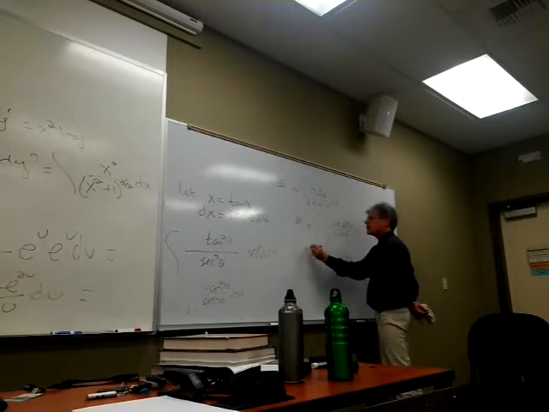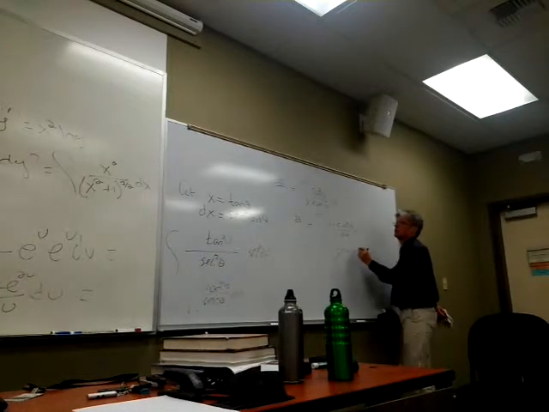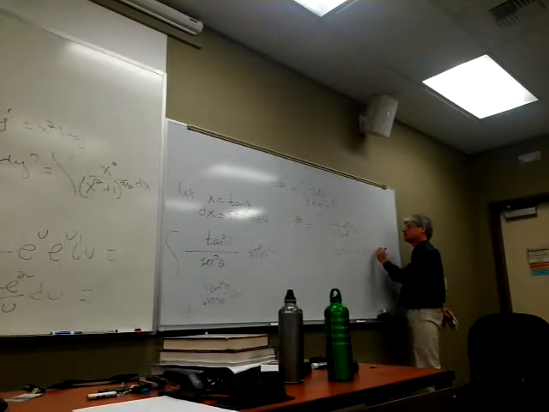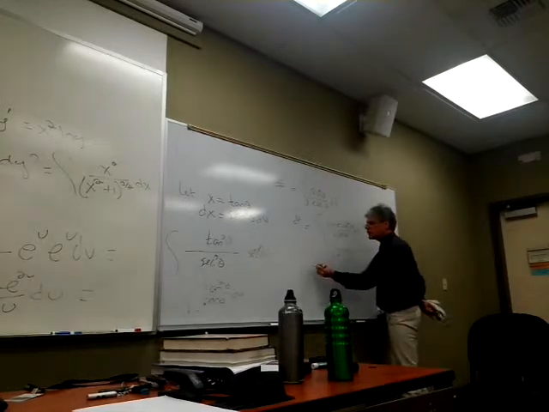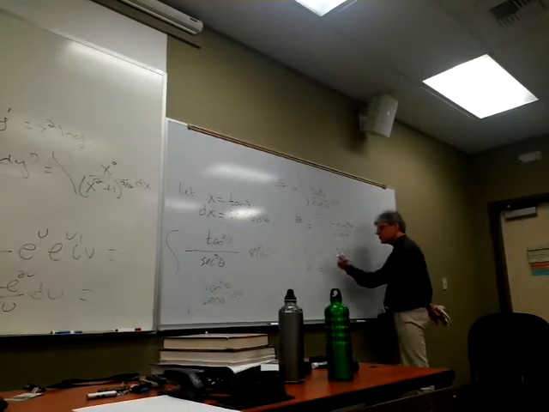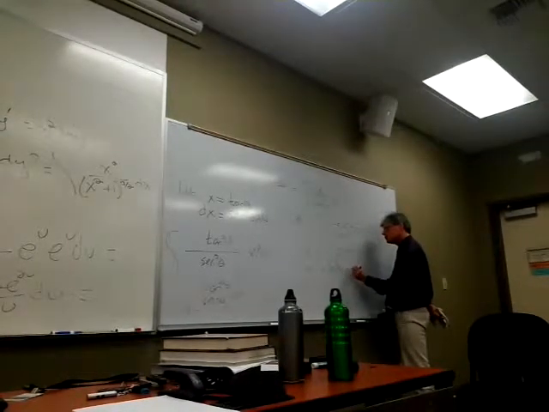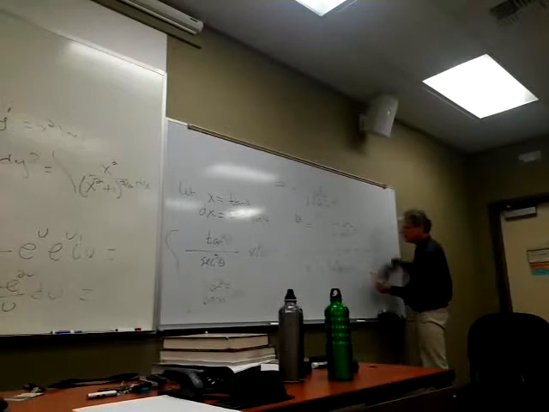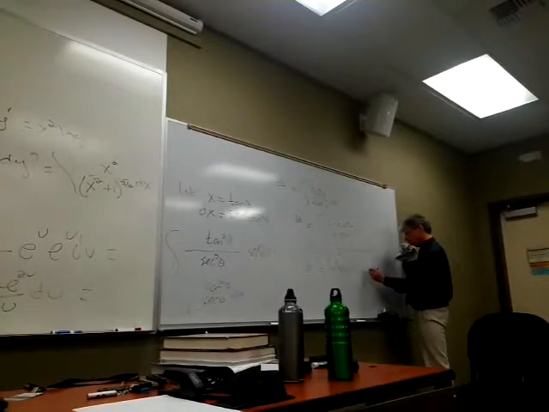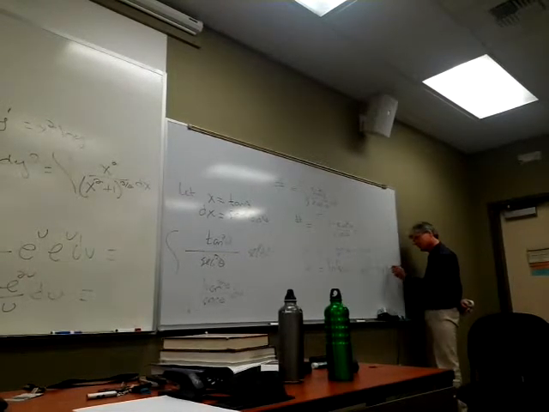Which is simply going to give you this. Which is simply going to give you this. Actually, I'm talking too much. You talk. Natural log of absolute value secant of theta plus tangent of theta, minus sine of theta plus c.